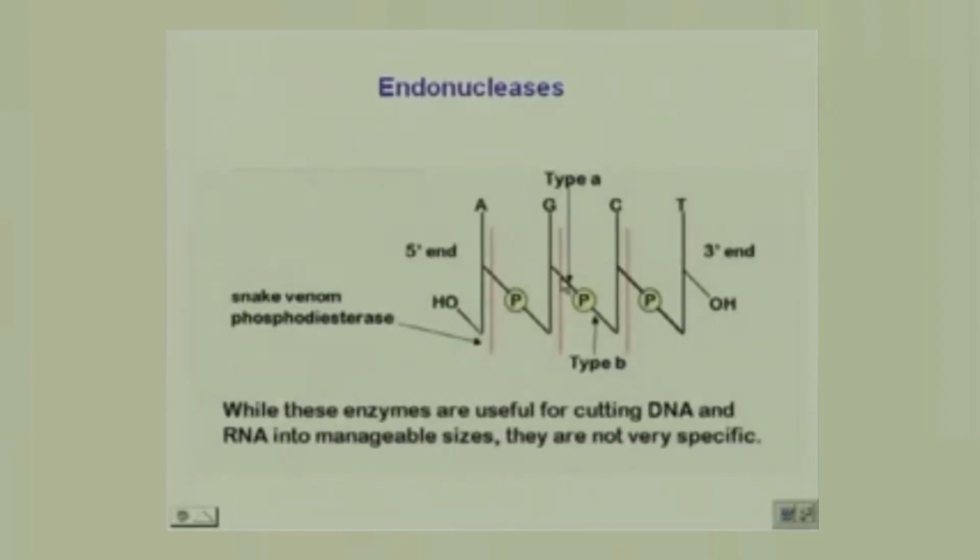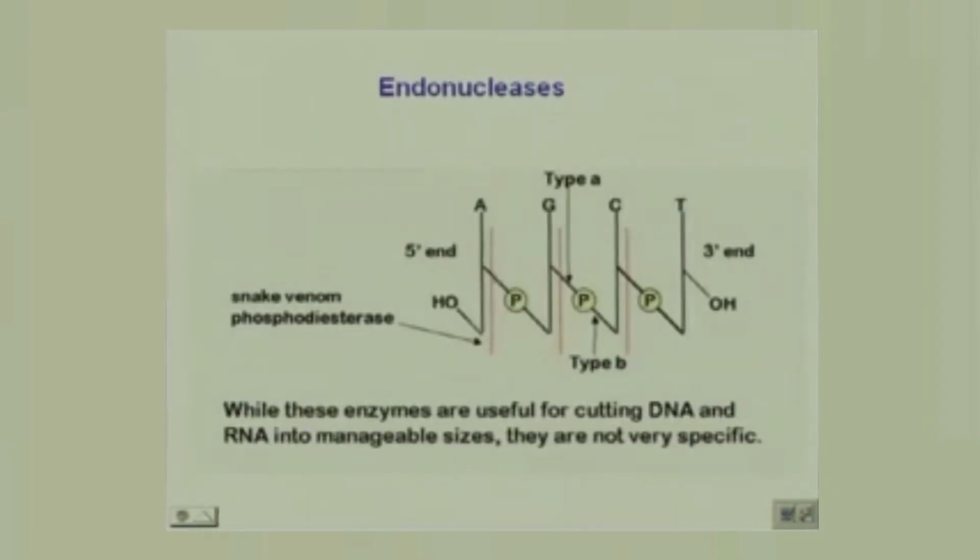It is type A. For example, the phosphodiesterase present in snake venom is a type A endonuclease. It just chops off the RNA.